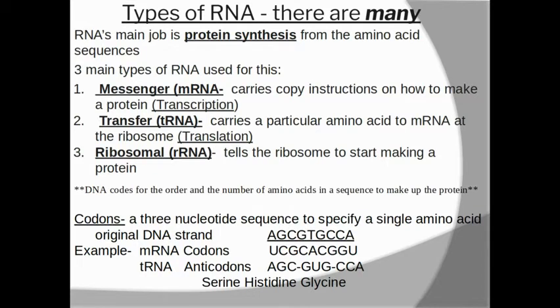If you have an original strand of DNA that's underlined here in the form of these bases, AGC, GTG, CCA, this is one section of DNA. You're going to make a copy of that in the form of messenger RNA. That would be transcription.